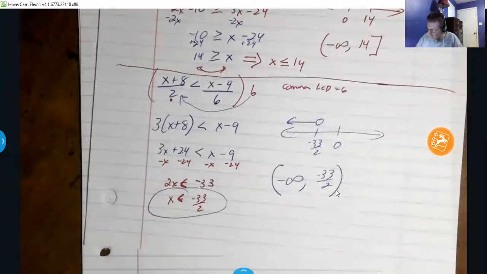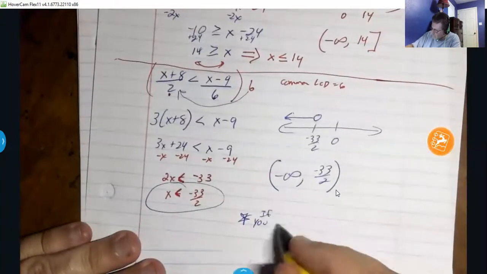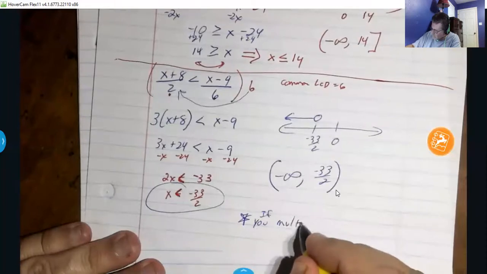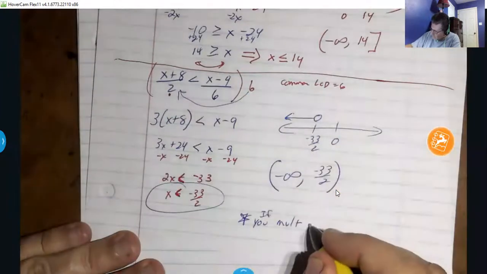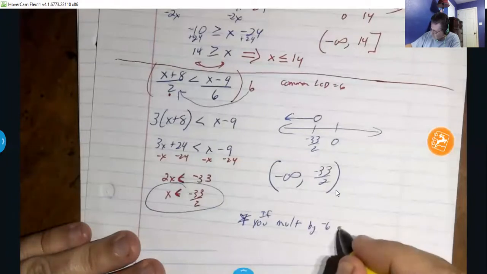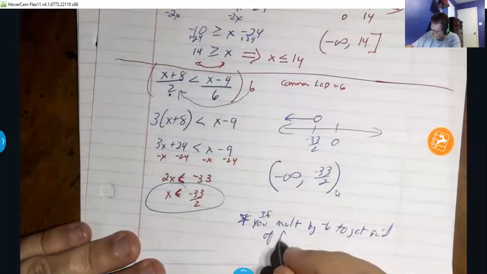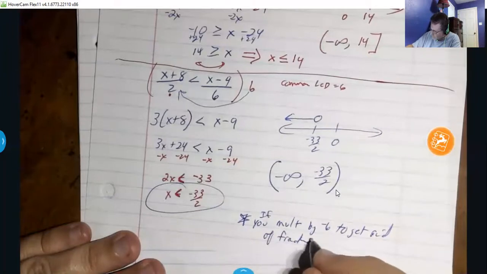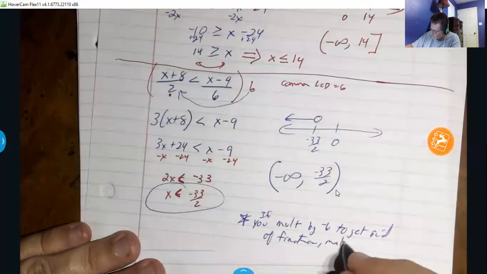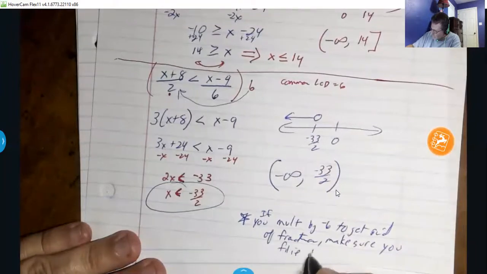Okay? Now, if you multiply this whole thing by a negative 6 to get rid of fractions, make sure you flip the symbol.